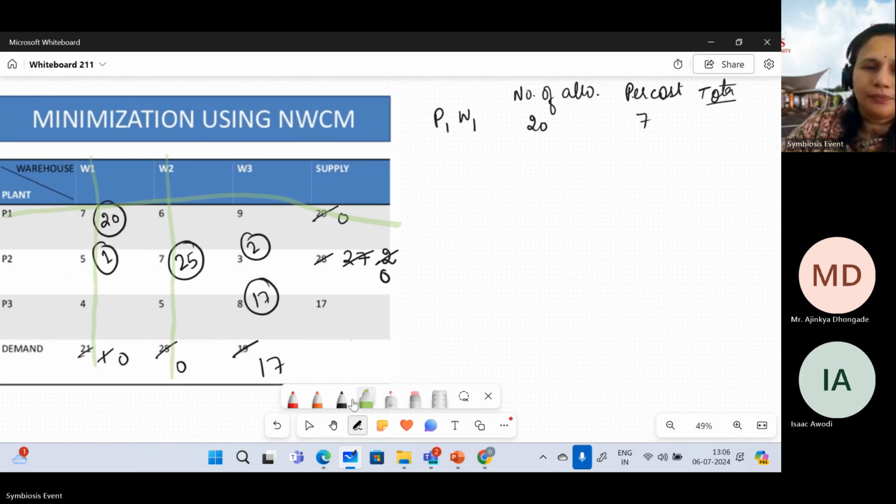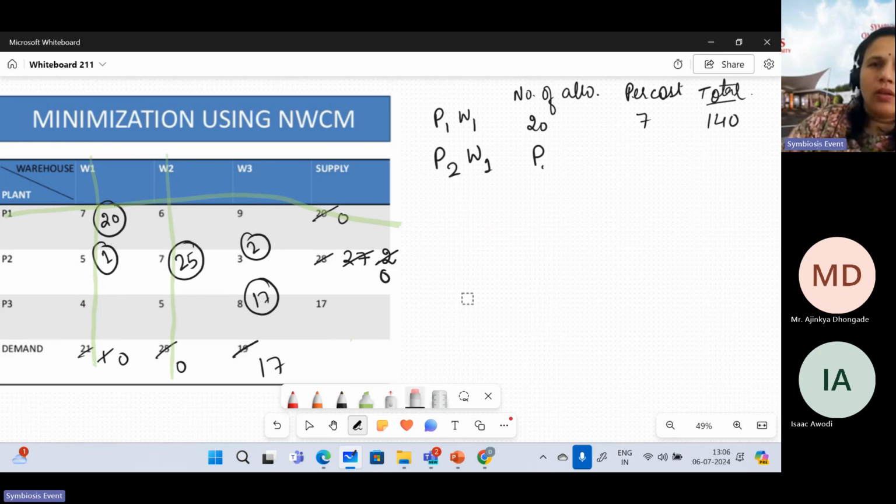Total. So that is 140. Similarly, from P2 to W1. Number of allocations, I made allocation of single unit. Per unit cost is 5. So that's why 5 only.